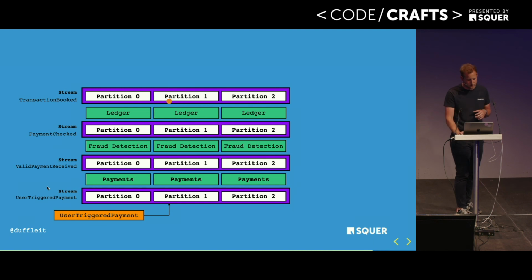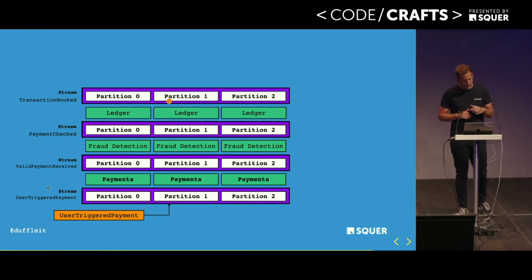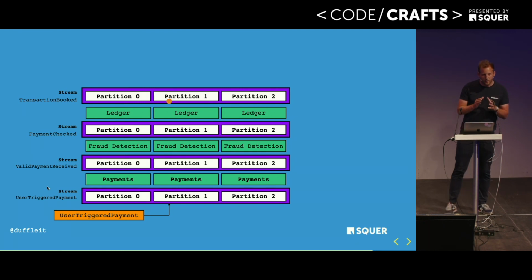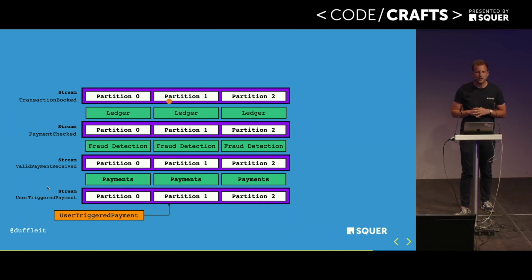For example, here when we do a transaction on the ledger and store it in a partition on our stream, then we still would probably need this information for the float check, which is a little bit earlier in the stage. And we have a big advantage here because we don't need to project the whole stream into our fraud detection service instance.